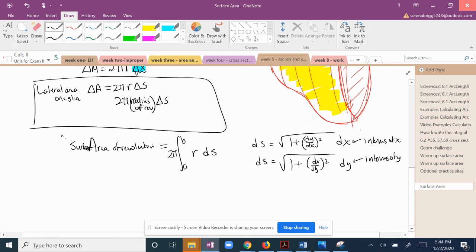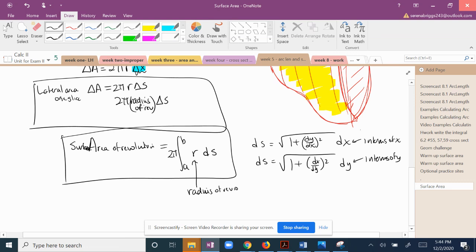What this calculation is going to give me is the surface area of revolution from A to B on the function. But we need to see some examples on how we find this radius of revolution and how that changes depending on which selection we make of ds.